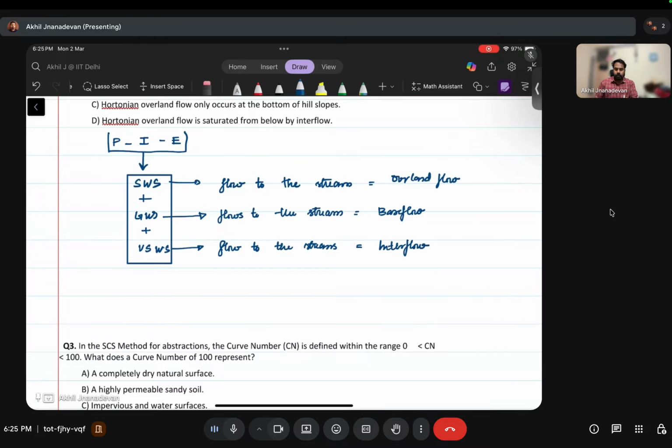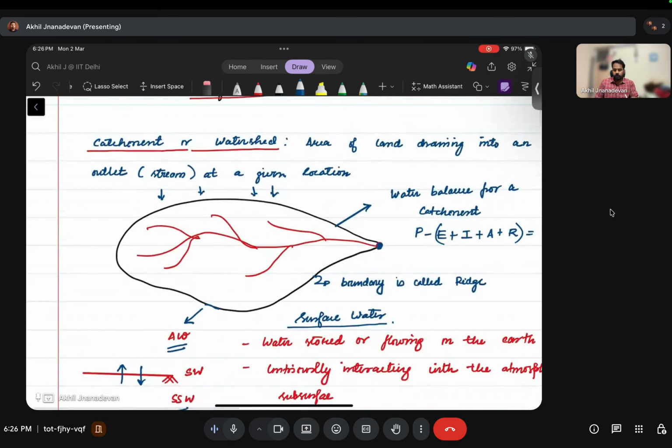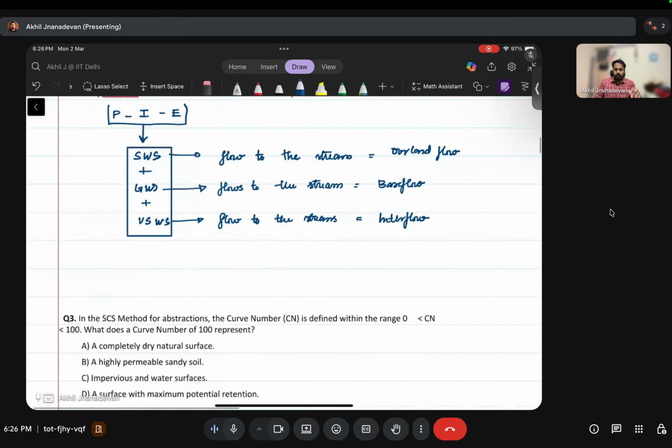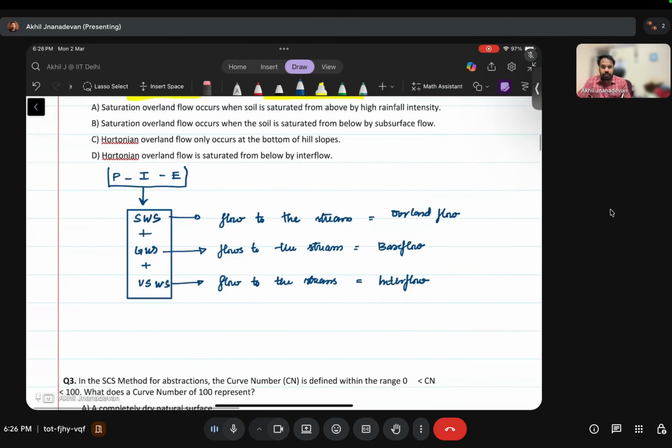Within each storage, water will be flowing to the streams. Streams you already saw in the sketch. It will be flowing to the streams by three types of flows: base flow for groundwater, interflow for the unsaturated zone, and overland flow. Overland flow is just like a sheet flow.